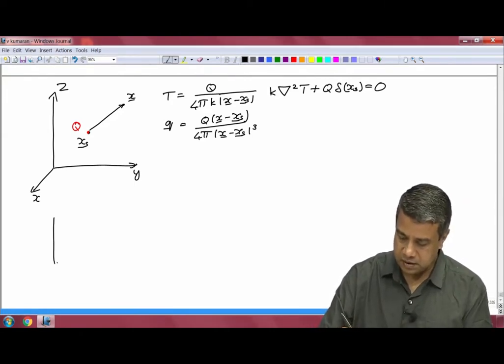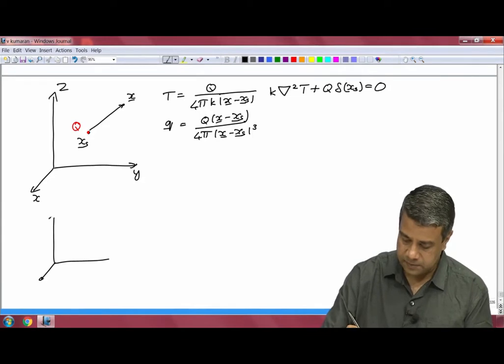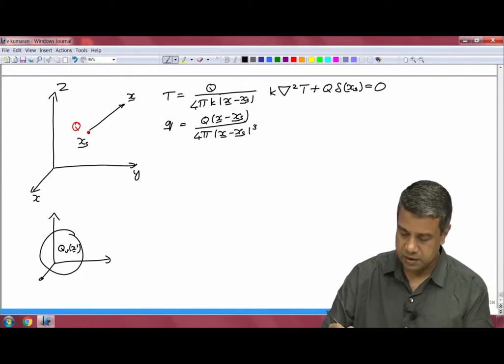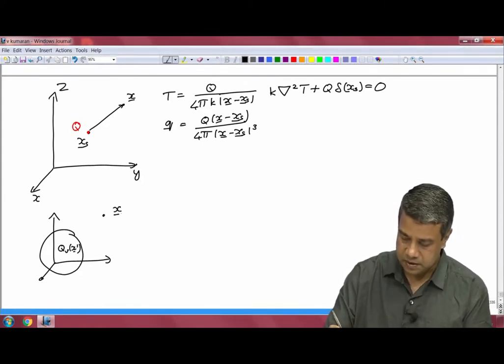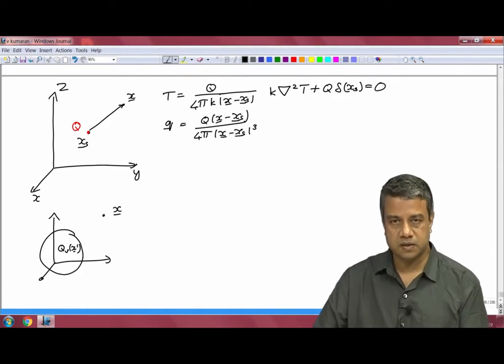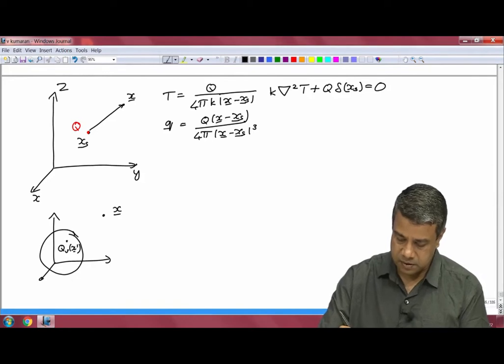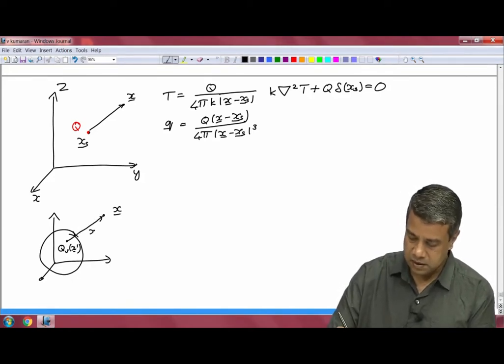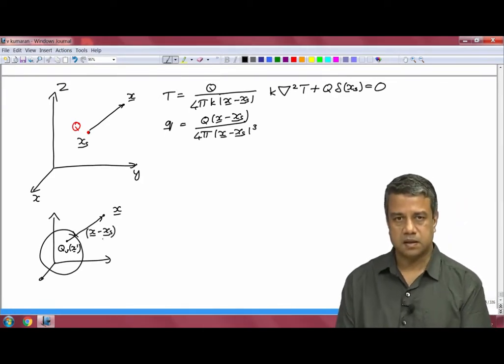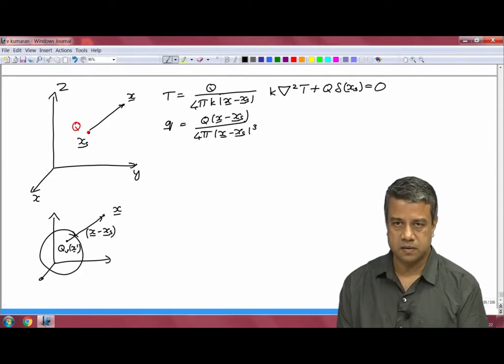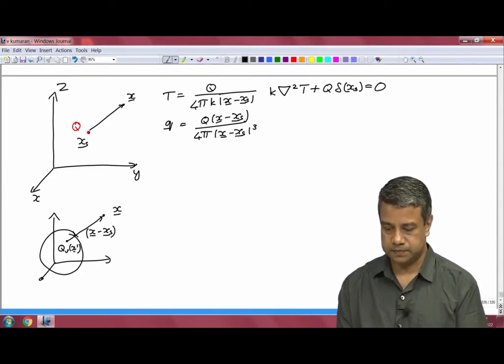We had then extended it to a distributed source, a volumetric source qv of x prime, and the observation point is x. X prime is the source point, the observation point is x, and from the source point to the observation point, this is x minus x prime, the distance from the source point to the observation point.